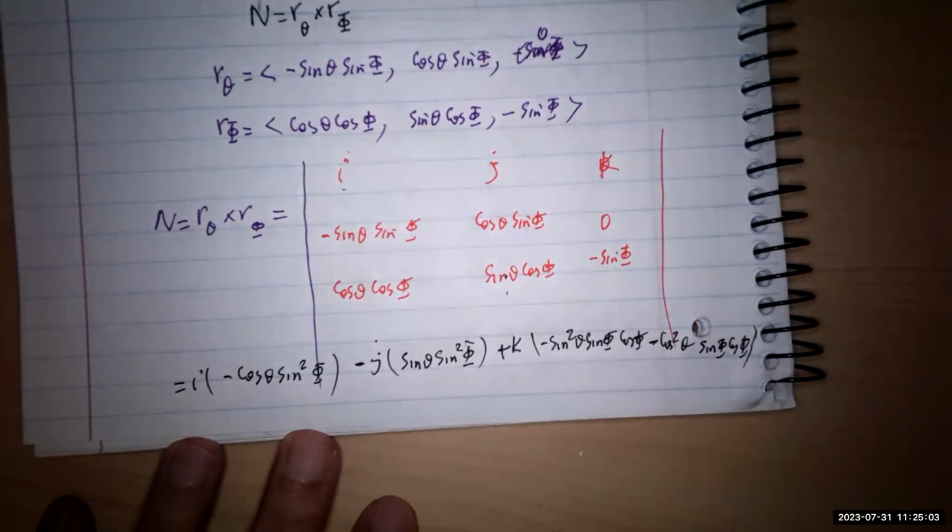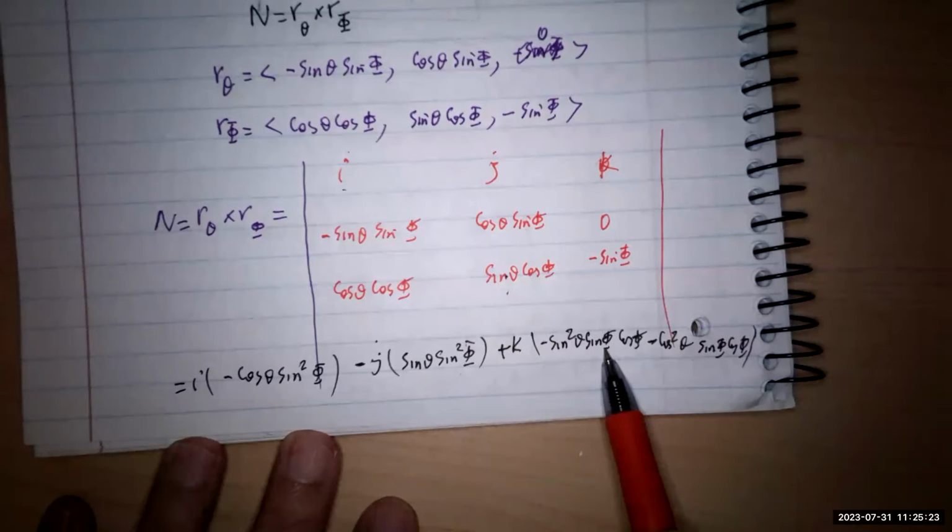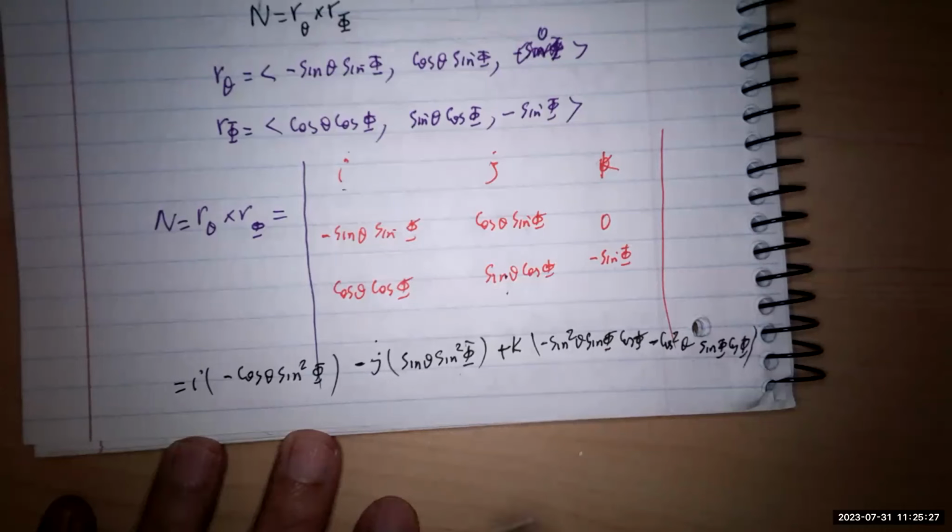So what is going to be the leftover over here? There is going to be a common factor. I'm going to pull out the sine of phi, then the leftover can be easily simplified.